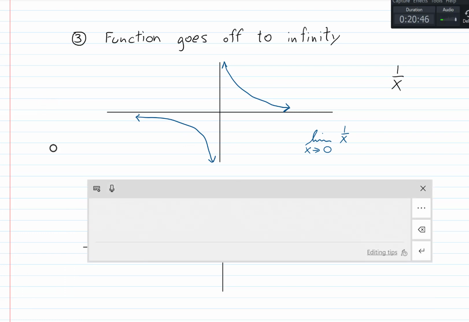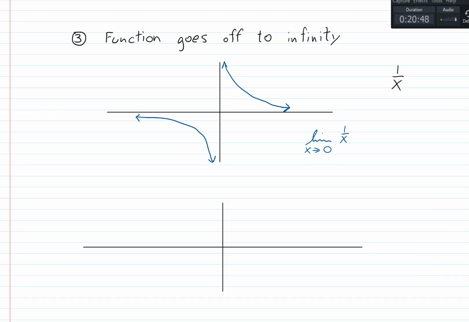So let's put here 1 over the absolute value of x. That one looks like this. So what if I said the limit of 1 over the absolute value of x as x approaches 0? You might say, oh, now they agree with each other.